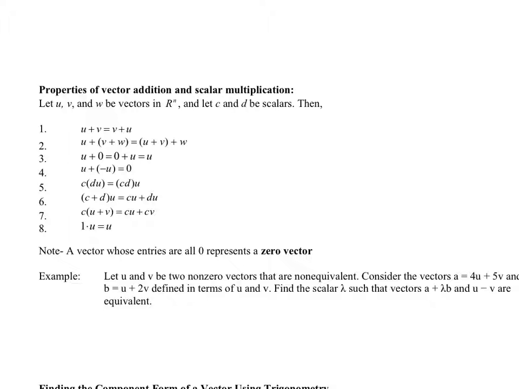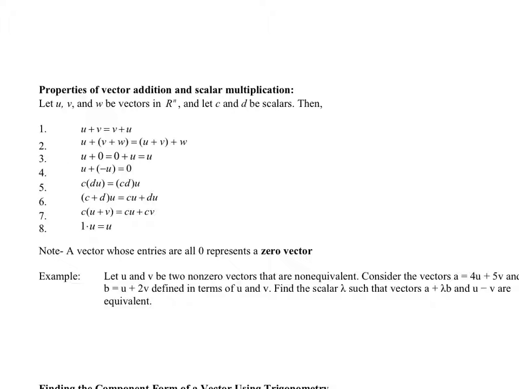You have the additive identity property, right? If you add the zero vector to some vector u in 2 space, 3 space, 10 space, doesn't matter, the result is still going to be the original vector u. The additive inverse, so add 2 opposite vectors, you get the zero vector as a result.